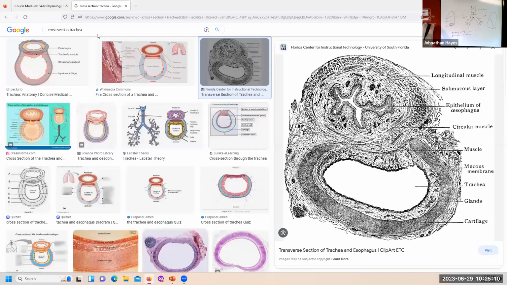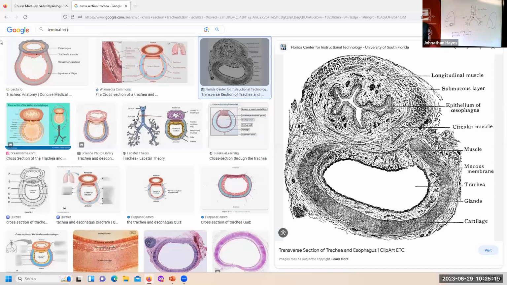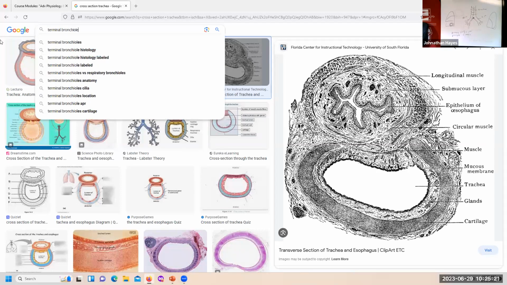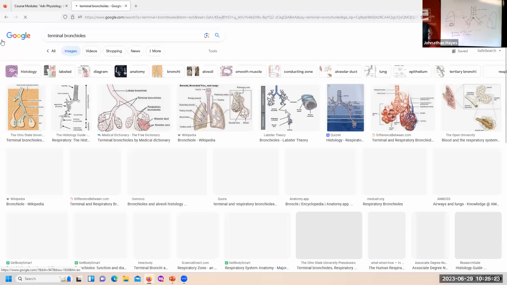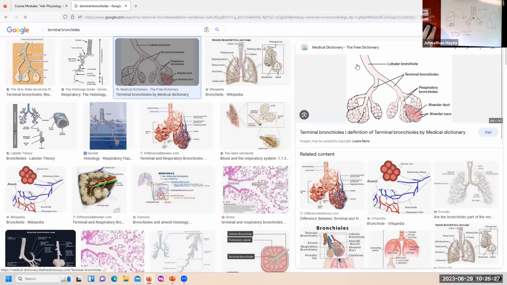So sometimes I think it'll be better just to type this in. Let's look at terminal bronchioles, and that should show us the alveoli as well. Eventually you get down to these very tiny branches that look like this. So these are called, well, this isn't the best picture in the world, but these are called bronchioles, right?